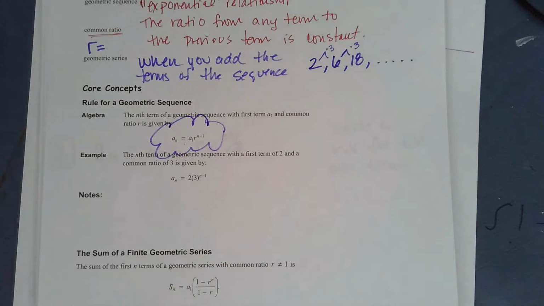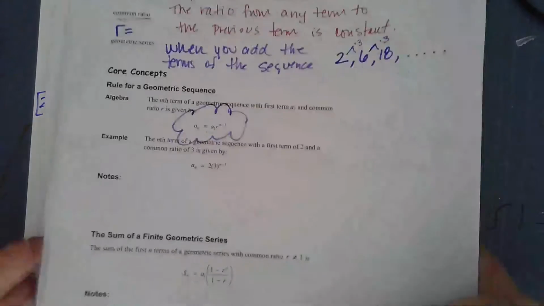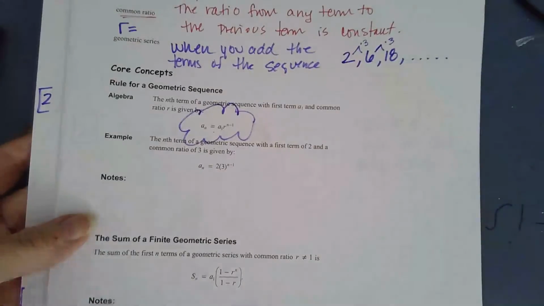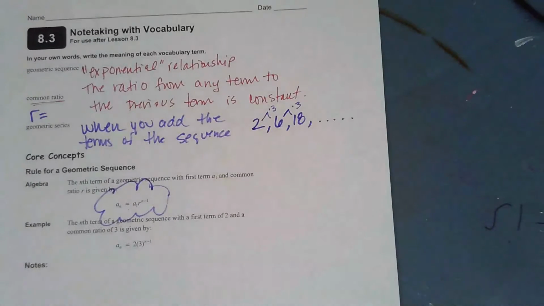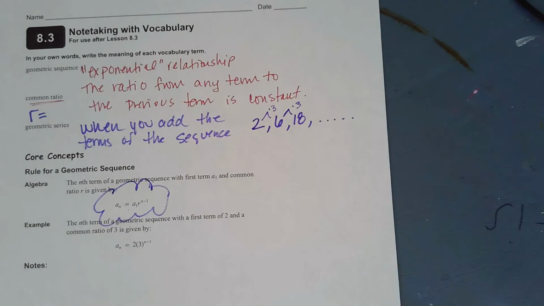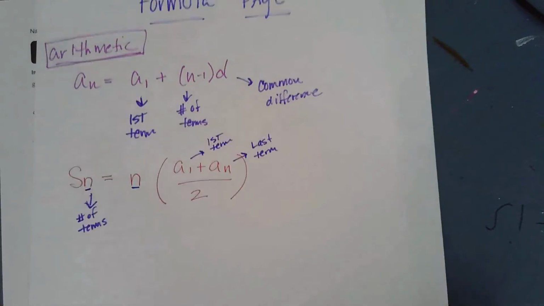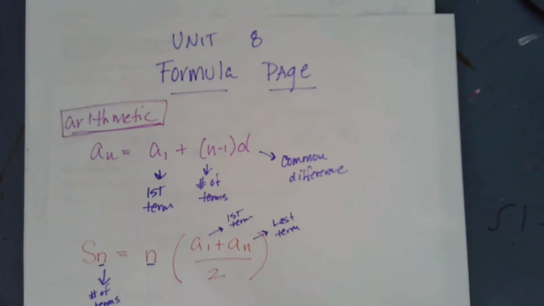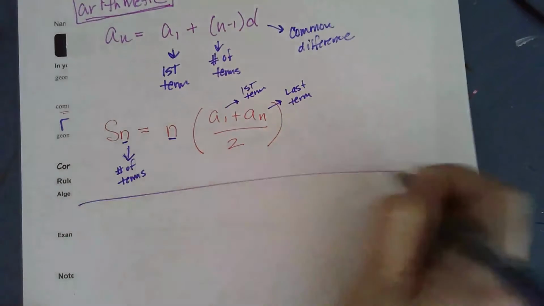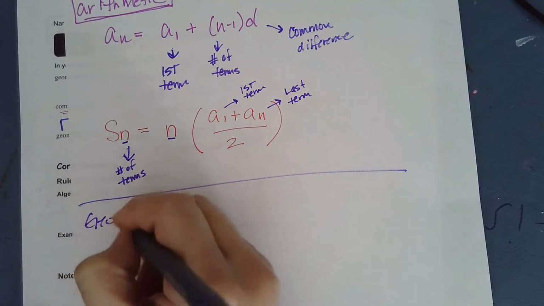And so what I want you to get out of that is what these things represent. Okay, so our formula page that we talked about in the last video. Now we're going to add on a whole section of geometric.